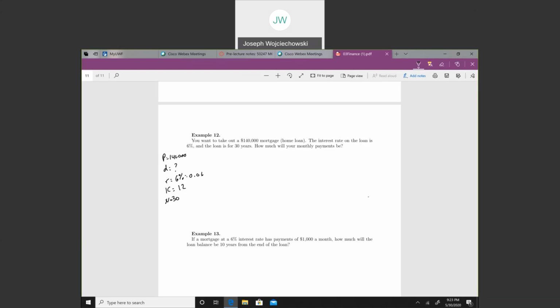We're going to figure out a mortgage payment here. So using our formula, we have 140,000 equals D times 1 minus 1 plus R, 0.06, divided by K, 12 to the N, negative 30 times 12, all over 0.06 divided by 12.